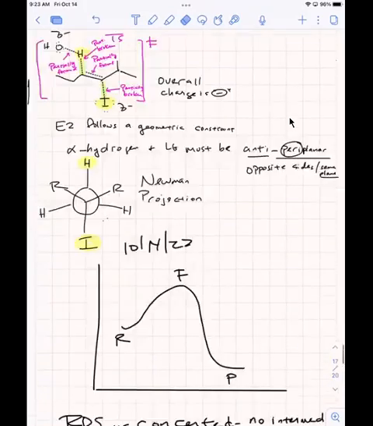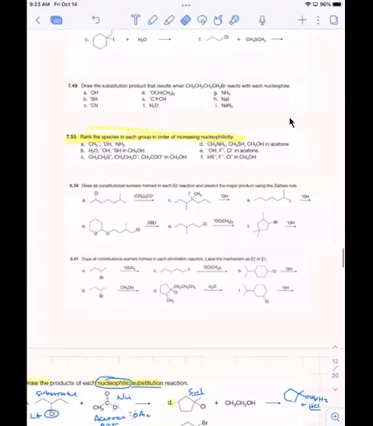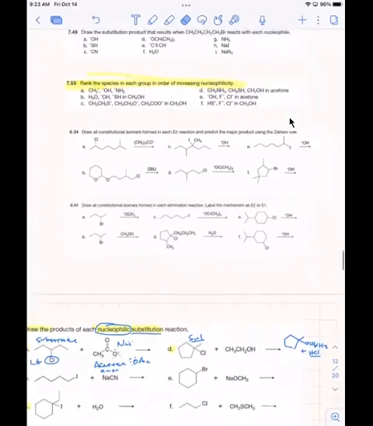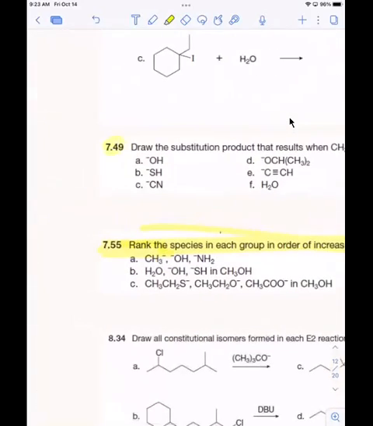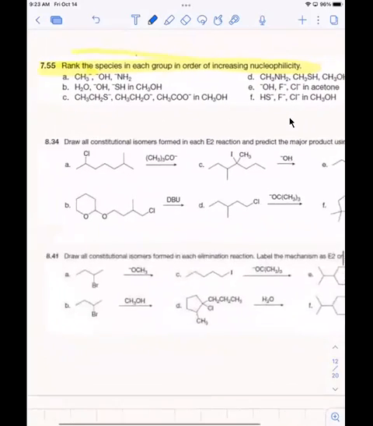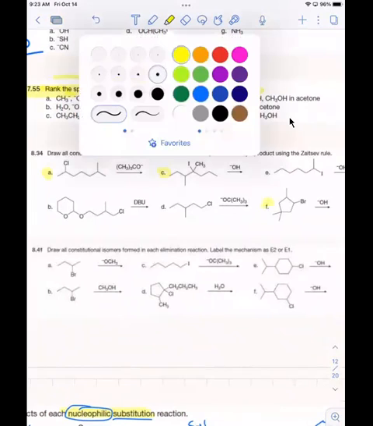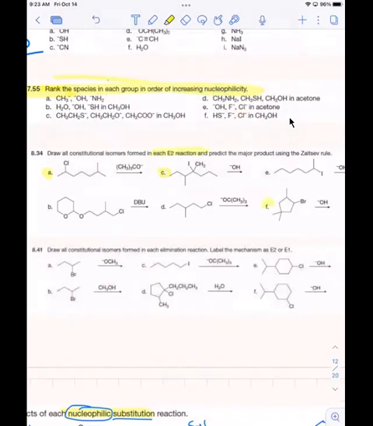All right, let's go back up here and work through some of these elimination problems now. We already did F, 755. I want you to work through 749 on your own. And let's do A, C, and F. It's telling us in the question that these are E2 reactions.